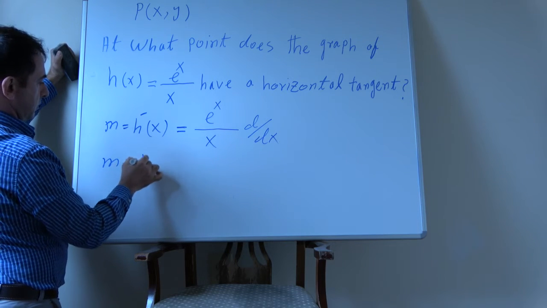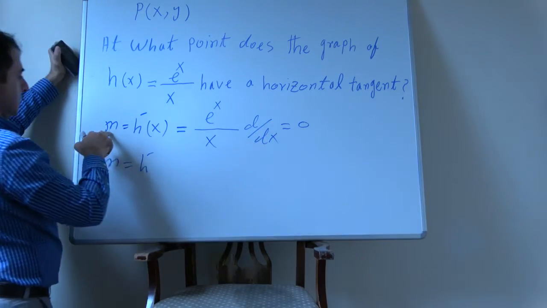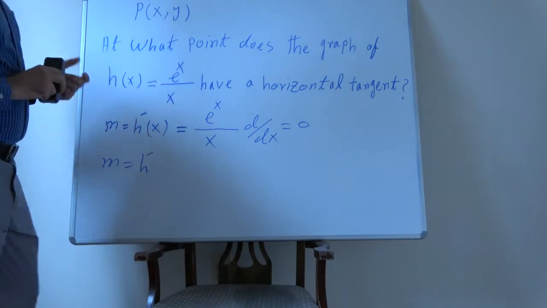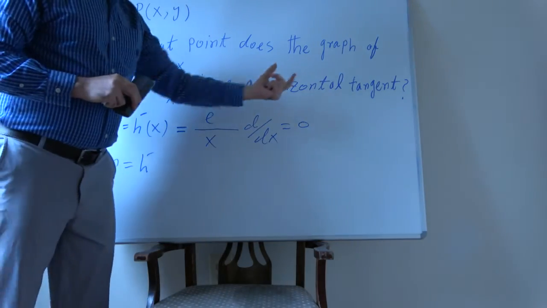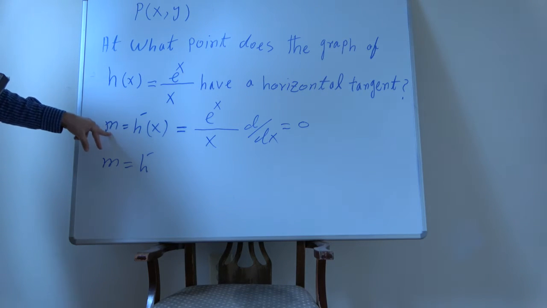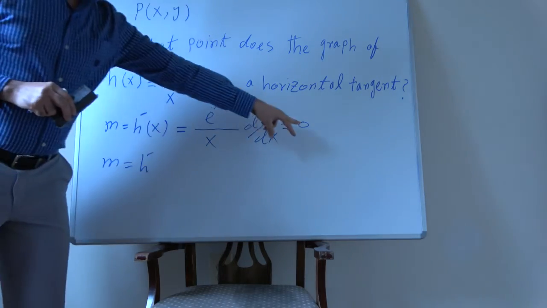And that would be equal to 0, because according to the question, the slope of a horizontal tangent is 0. So the slope m, the derivative of this function, would be 0.